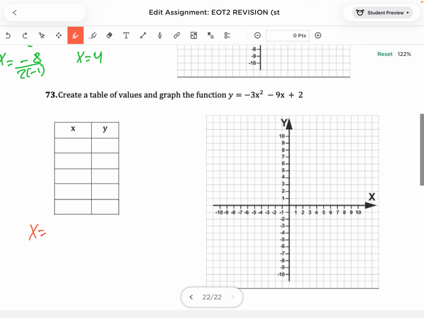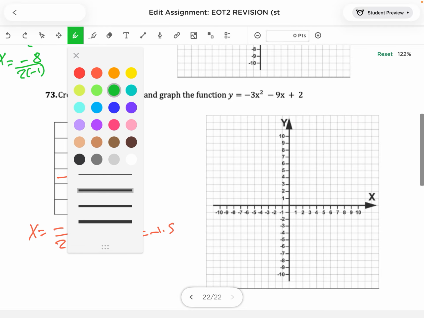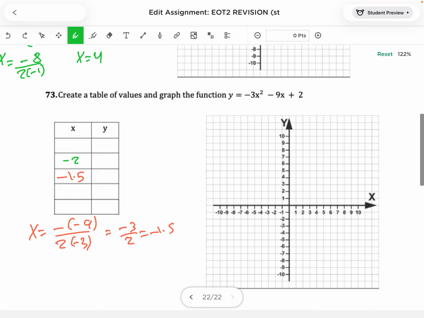We got it before. Negative negative 9 over 2 times negative 3, which is negative 3 over 2. We put it at the middle, which is negative 1.5. So write it in decimal. Choose numbers below and above. Let us take negative 2, negative 3, negative 1, and 0, and we replace in the original equation.